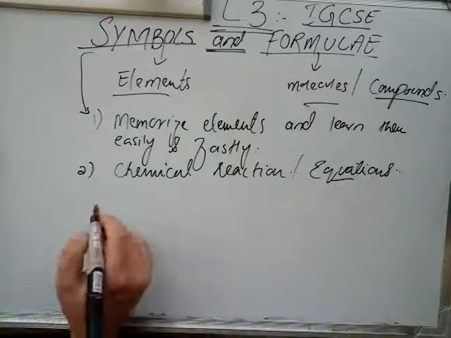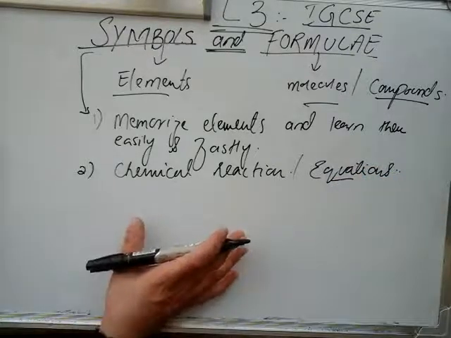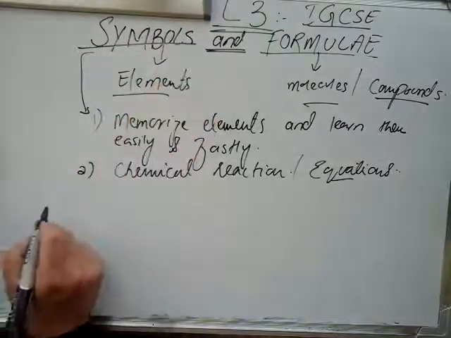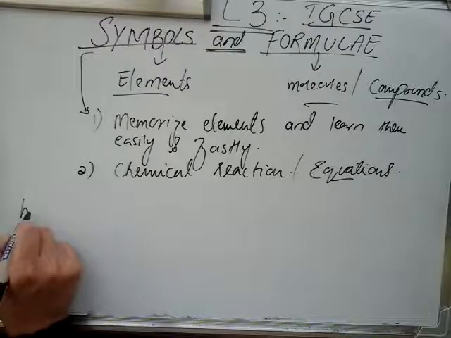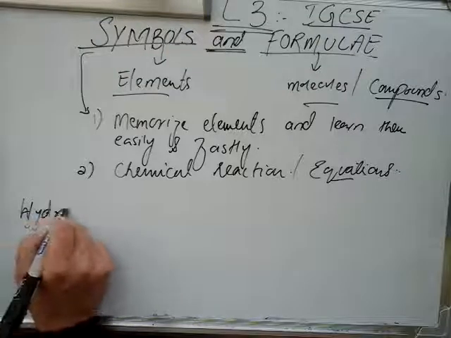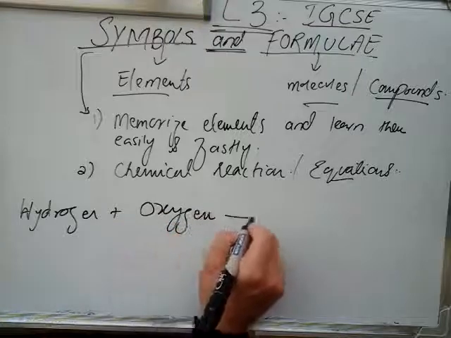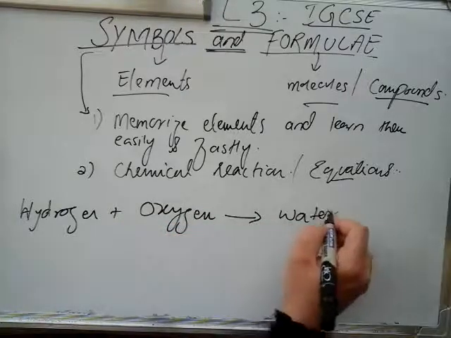For example, if I want to write the formation of water and I do not use symbols, I will write: hydrogen combines with oxygen gas, and as a result water will form.